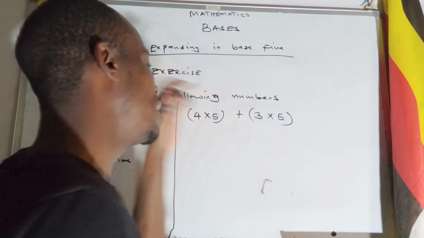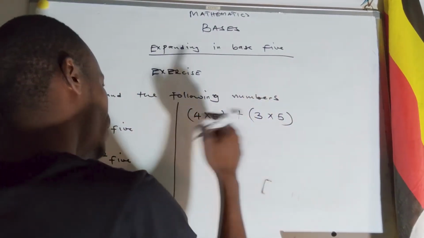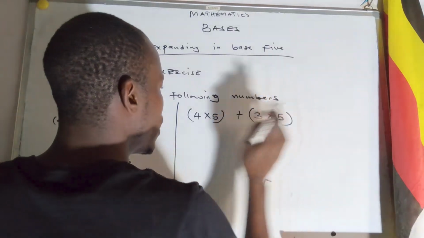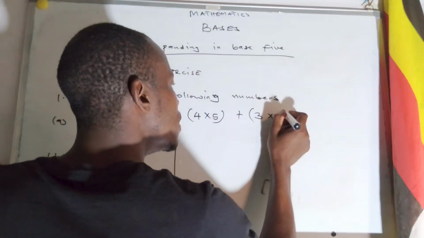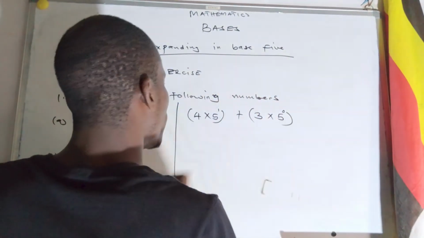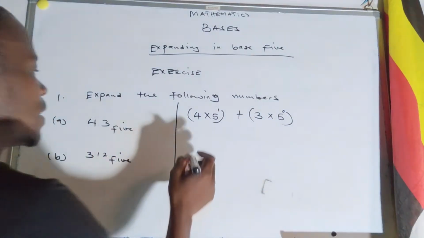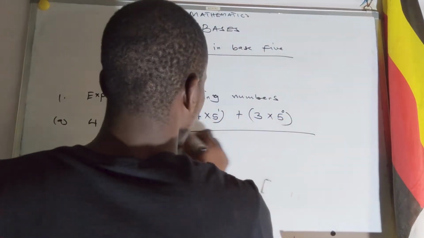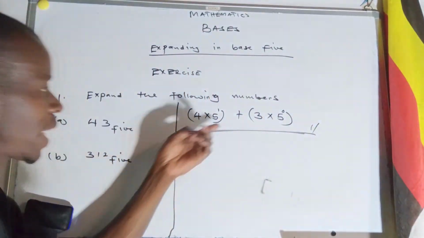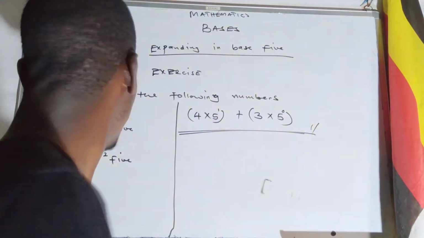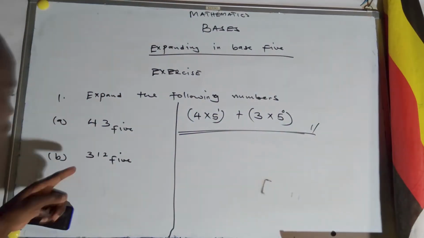After that, you give them the power starting from the right side, coming to the left side. 0, 1. As simple as that. That's how we expand in bases. If you have worked like this, tick yourself. Let's move to number B.